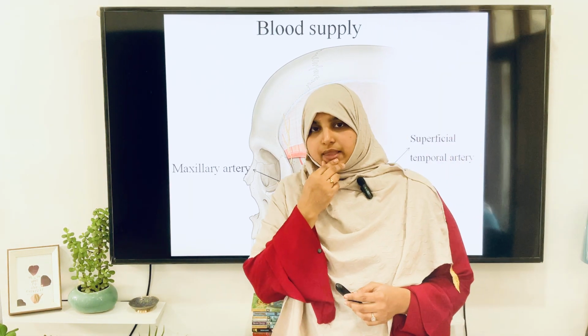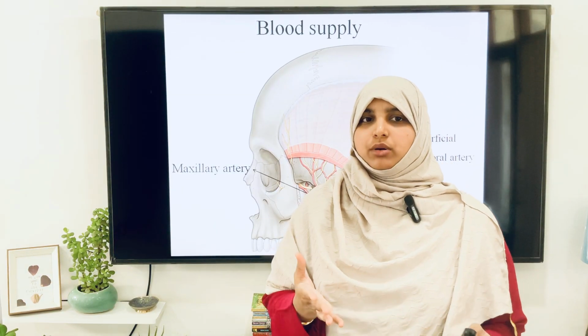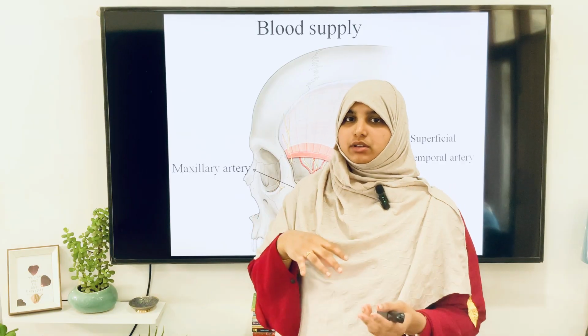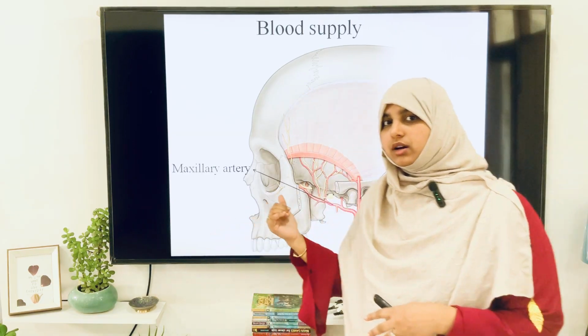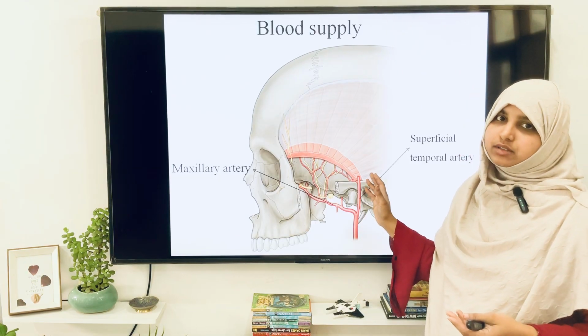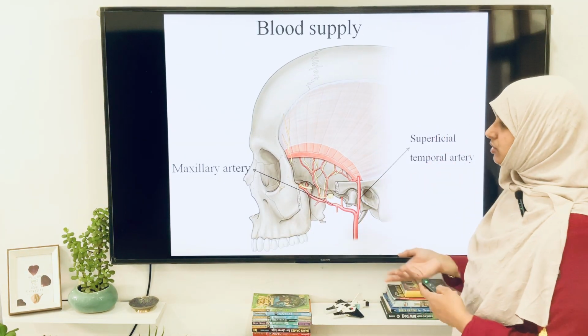Now we'll move ahead with the blood supply and the nerve supply. We all know that if a vessel goes very close in relation to a joint, that vessel will supply that joint. So the maxillary artery and superficial temporal artery crossing will be the blood supply for this joint.